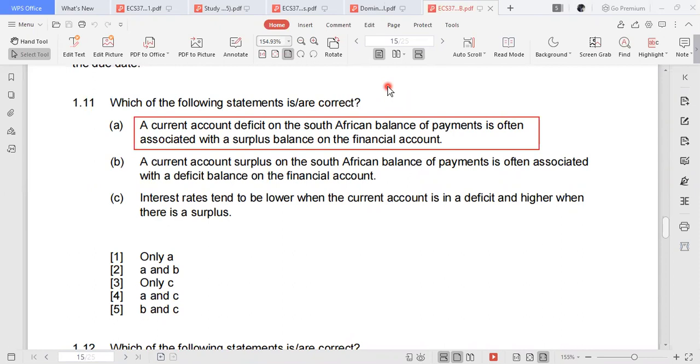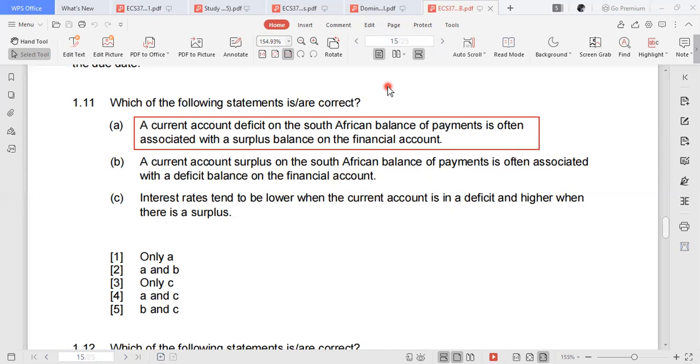In the BOP we're dealing with those two accounts, and the third account, which is the capital account. So I tend to group those two, because in my understanding it's vice versa as well. If there's a surplus in the current account, then the financial account will be in deficit, and vice versa. So I go with option A and B.